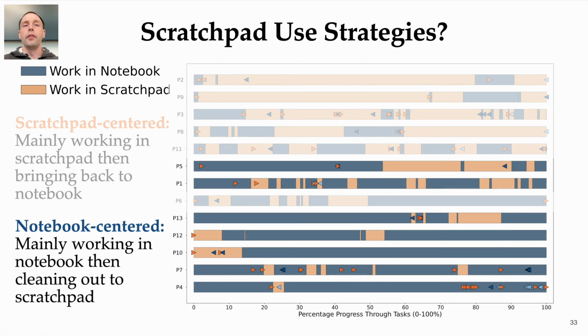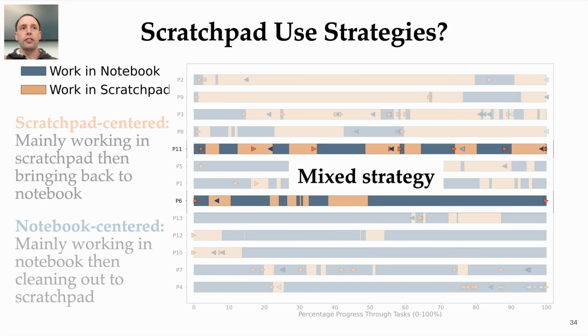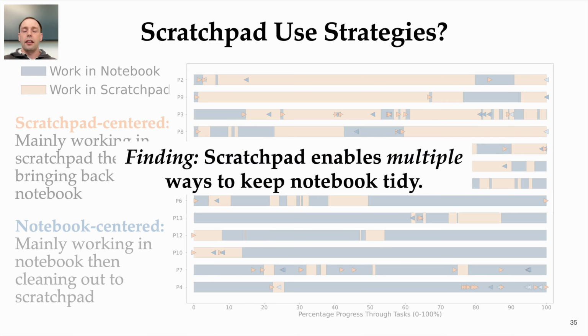On the other hand, some users took a very notebook-centered workflow where they would work in the main notebook and then occasionally clean out to the scratchpad. And then there were a couple users that took a mixed strategy where sometimes their primary attention was on the notebook and sometimes on the scratchpad. So this shows the scratchpad can enable multiple ways to keep your notebook tidy.